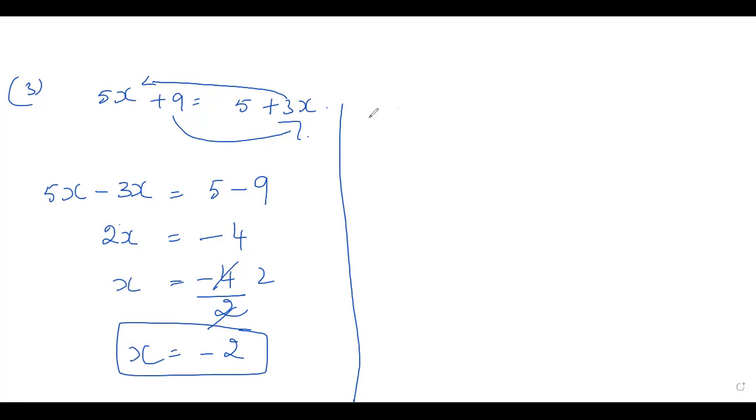Now verify the answer. 5 into x is minus 2. See children, substituting the value of x, that is minus 2, in the given equation. 5 into x, which is minus 2, plus 9 is equal to 5 as it is, plus 3 into, in place of x, I am writing minus 2.